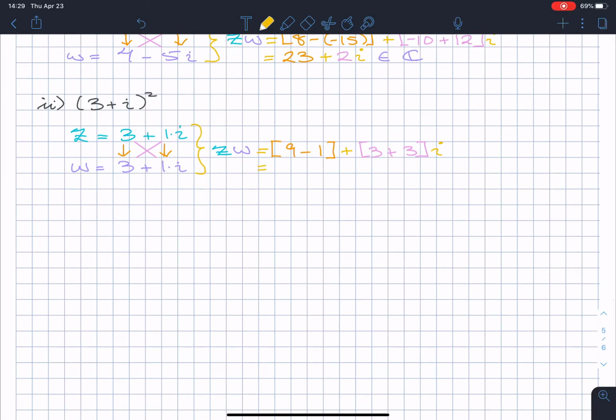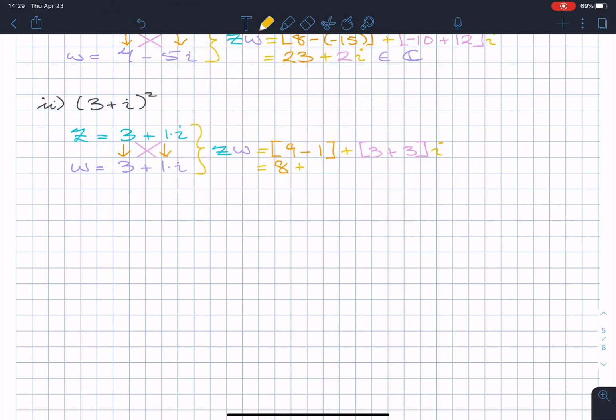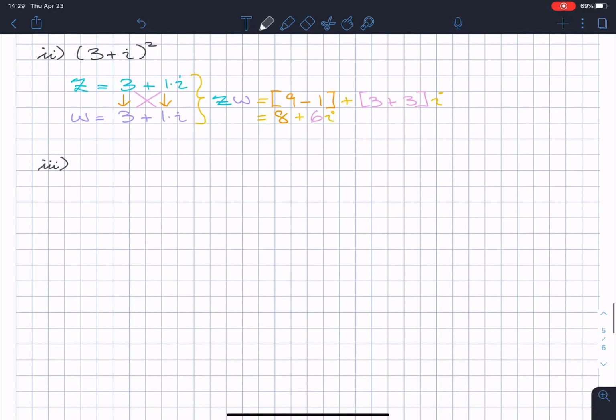Okay, so we have 9 minus 1 is 8 for the real part. And then for the imaginary part, what do we have? 3 plus 3 is 6. So there we are.